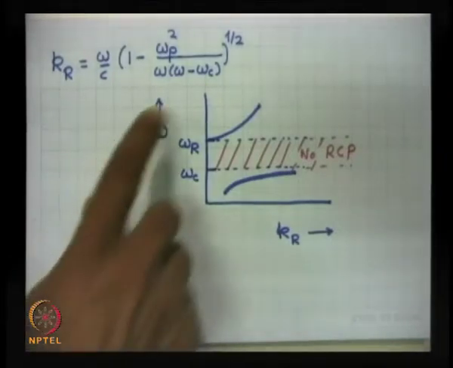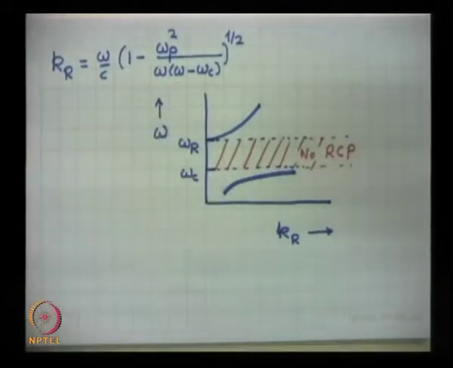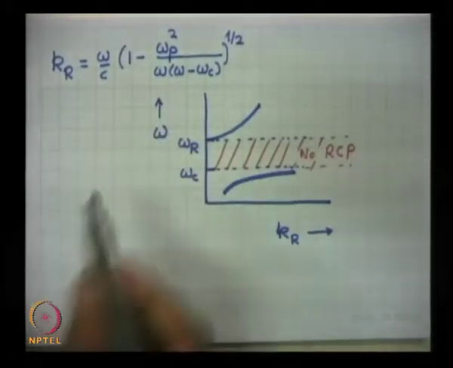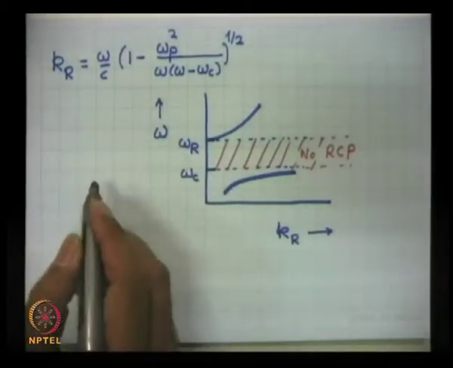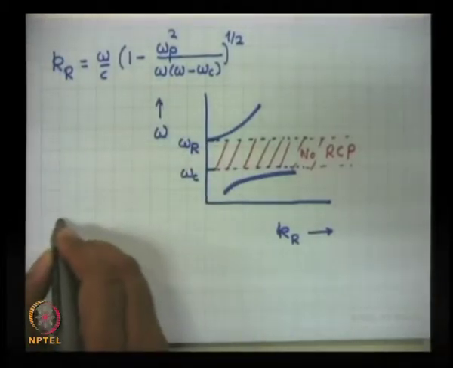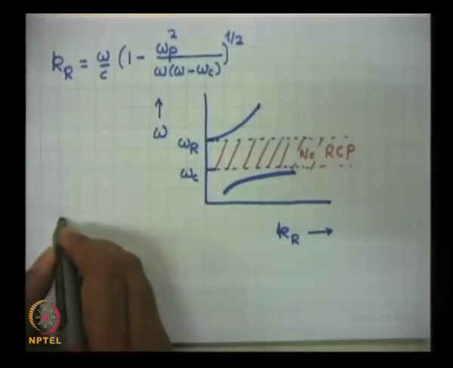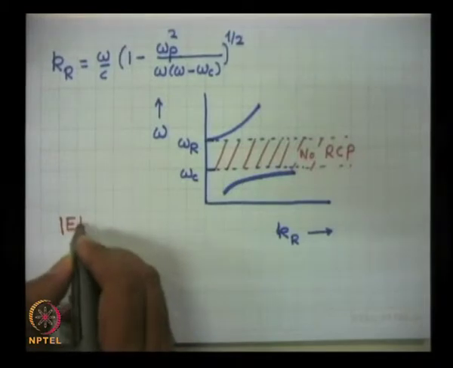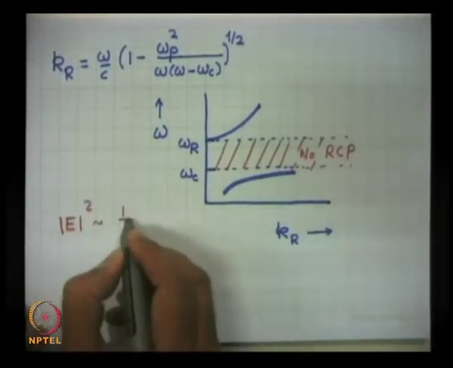However, to appreciate the significance of this resonance, let us see what will happen. At the resonance, k_r will increase. So, wave amplitude, as I mentioned to you, for a given intensity, the square of this goes as 1 upon k_r.